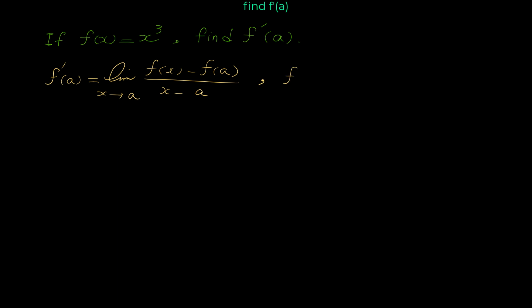The other formula is the limit of f of a plus h minus f of a all over h when h approaches 0. You can use the first formula or the second formula for finding f prime of a.